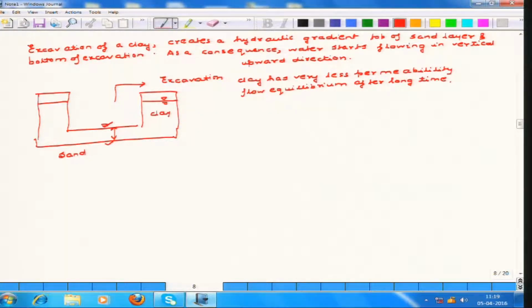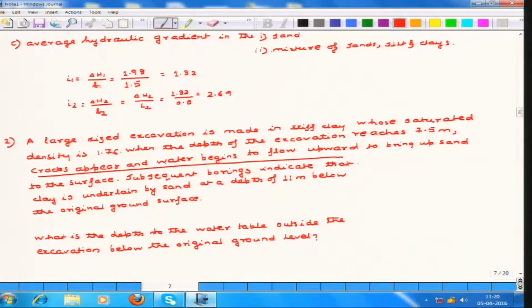Now, the problem should be addressed only for a short time interval, and in this case we will consider two phases. The first is basically clay fissuration, because we have already said that when the excavation is made, cracks appear in the clay layer.